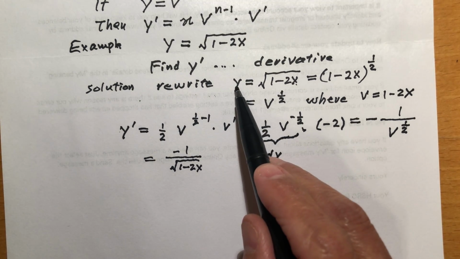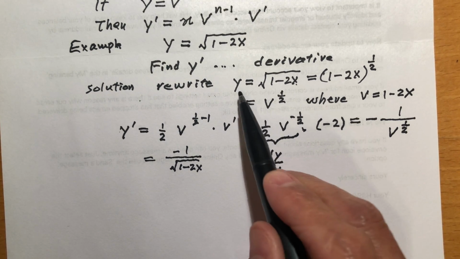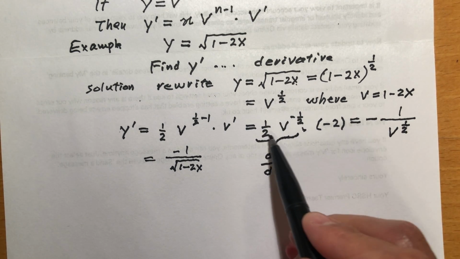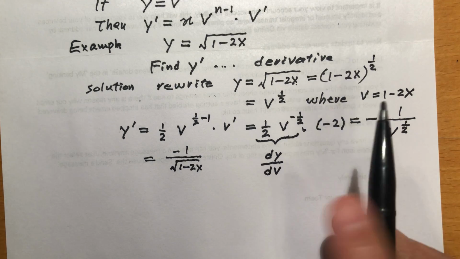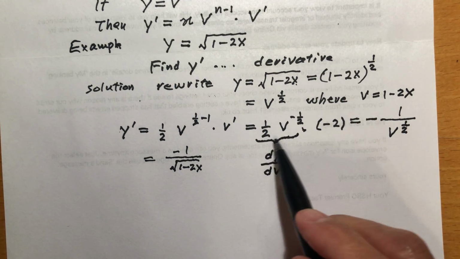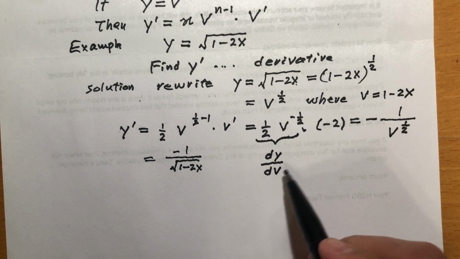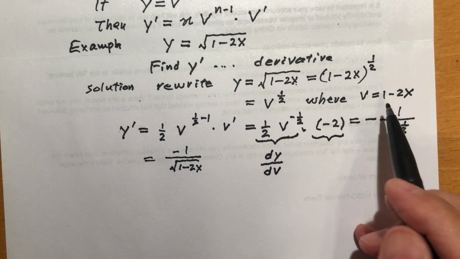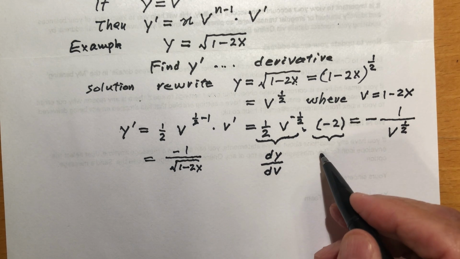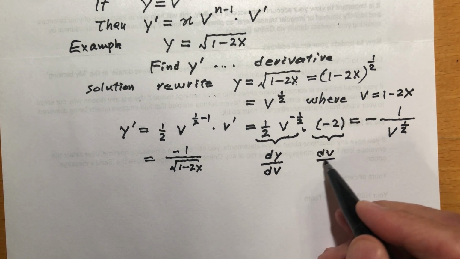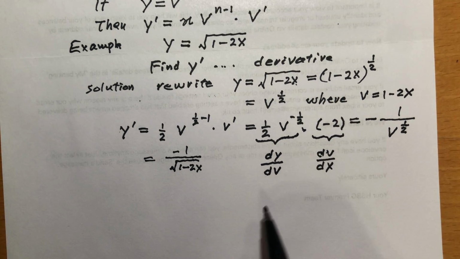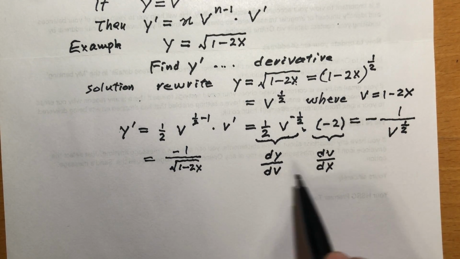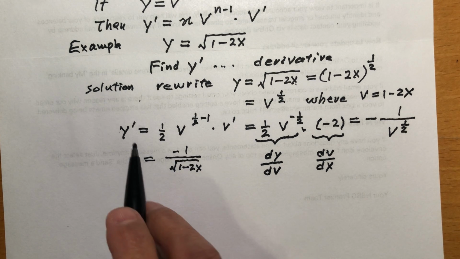You see, y is a function of v. If I do the derivative of y with respect to v, I get this, right? There is no this part. This part is dy by dv. So what is this part? This part is dv by dx. So you see, dy by dv times dv by dx is dy by dx.